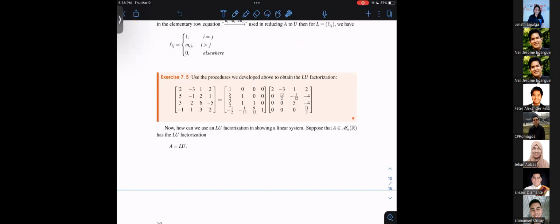When I say same system, I mean with the same coefficient matrix A, but a different right-hand side vector B. So that's where LU factorization or any matrix factorization method will prove to be more efficient than just plain old matrix inversion.